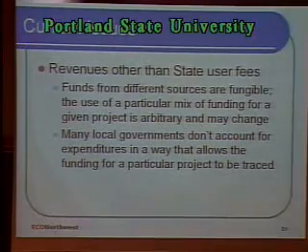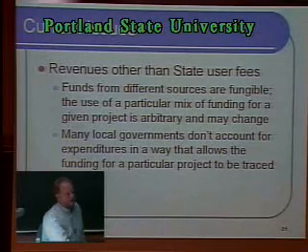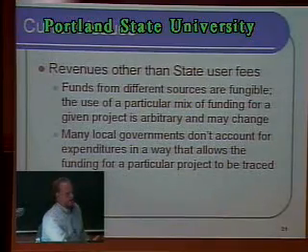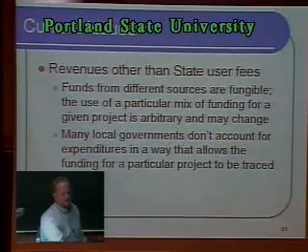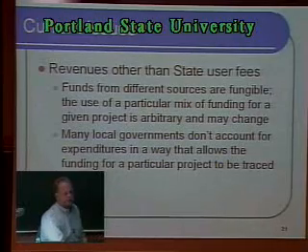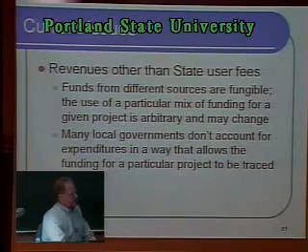But we've concluded that we really have to because of the fungibility issue. And on the local government side, because of the accounting issues, most local governments don't even attempt to track where the money came from for a particular project. At the state level, they do account, but it's arbitrary.